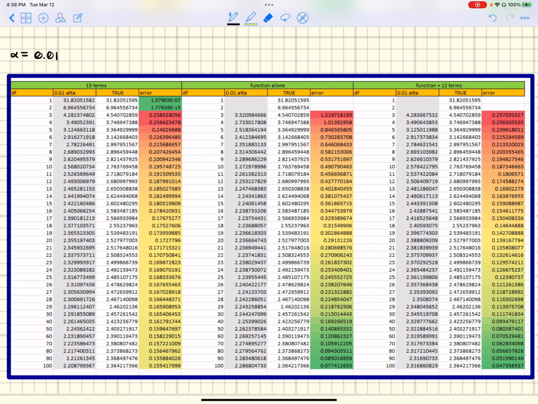And that error rapidly diminishes. If you compare it with the function alone, some of these errors are half or a third the amount. It obviously represents a bigger improvement than just taking the polynomials term by term, 15 terms versus the function plus 12 terms. So you can see there's a lot of precision here that comes from this result.